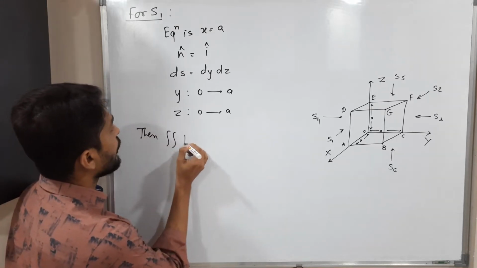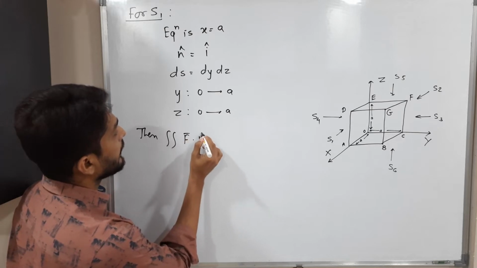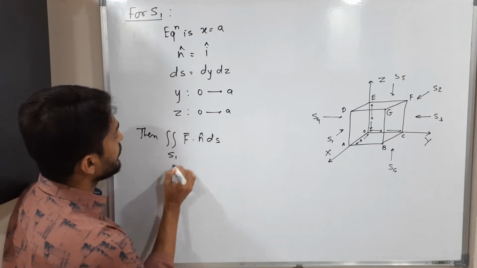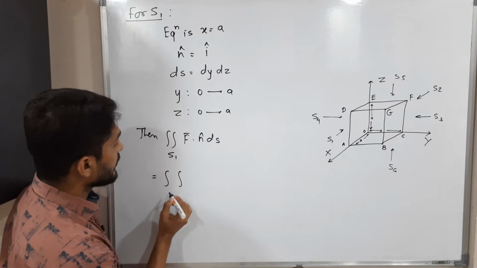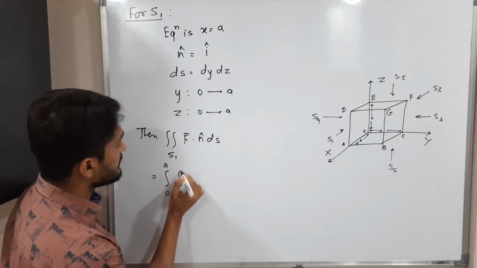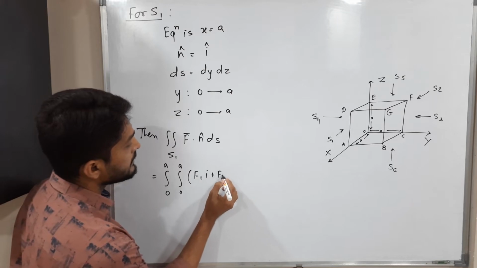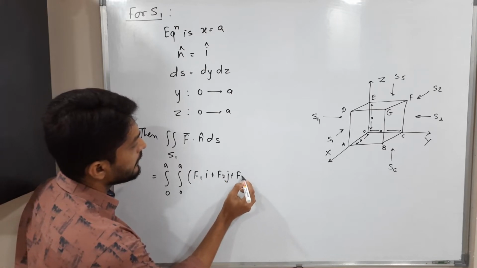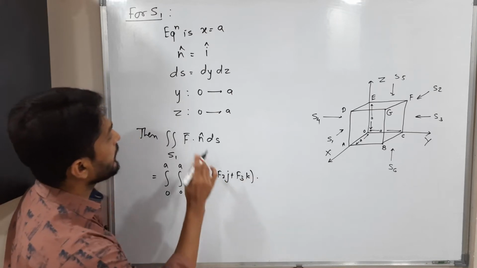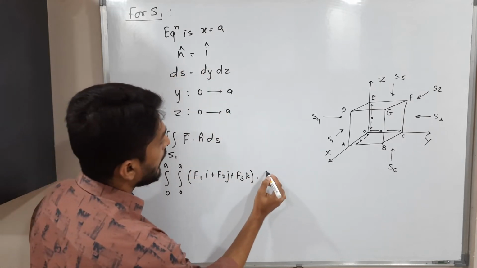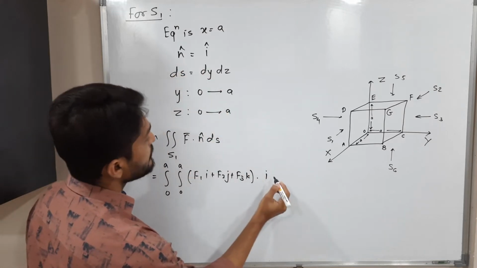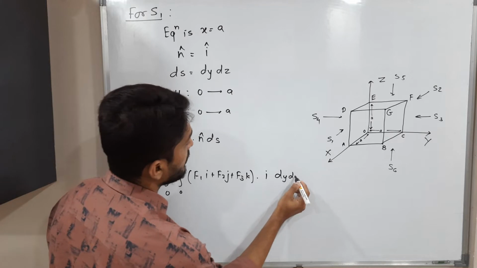Then let us find the value. The double integration of F bar dot n cap dS over S1 is equal to, with limits 0 to a, 0 to a, where F bar means f1 i plus f2 j plus f3 k, dot n cap. n cap is I cap, and dS means dy dz.